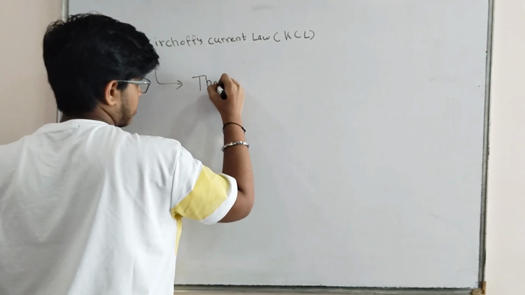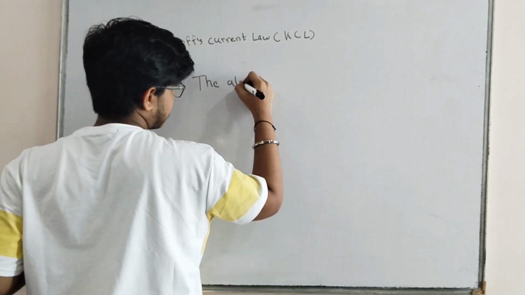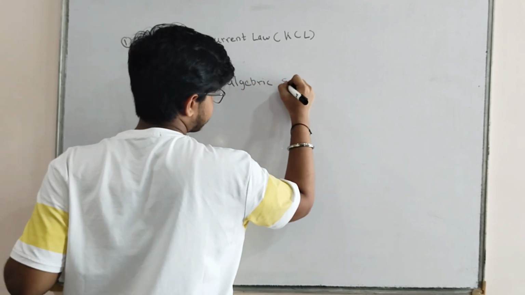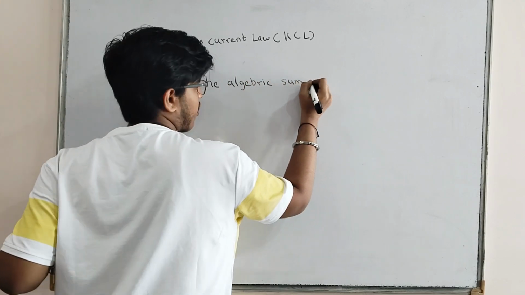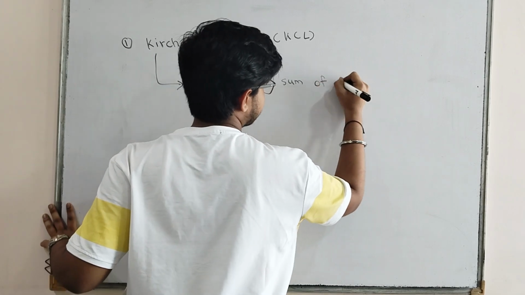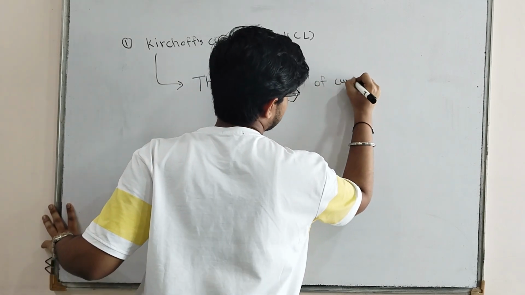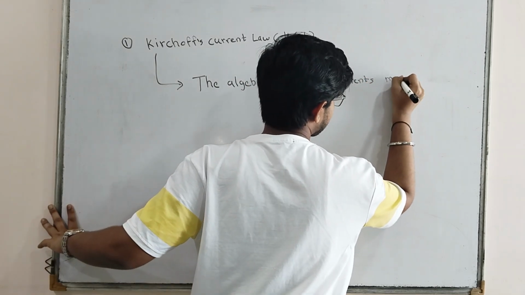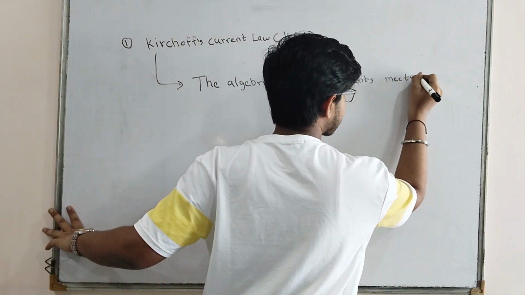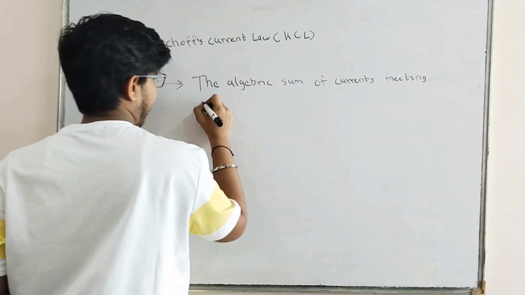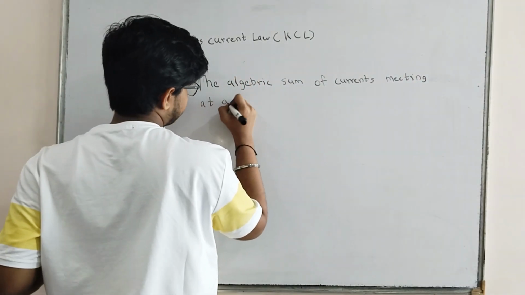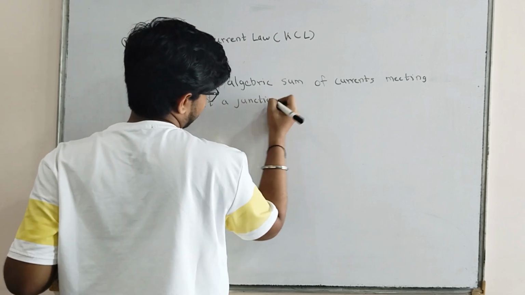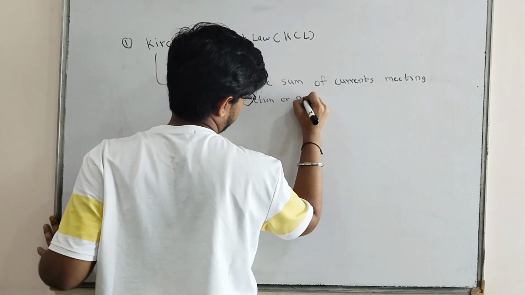The algebraic sum of currents meeting at a junction or node is 0.